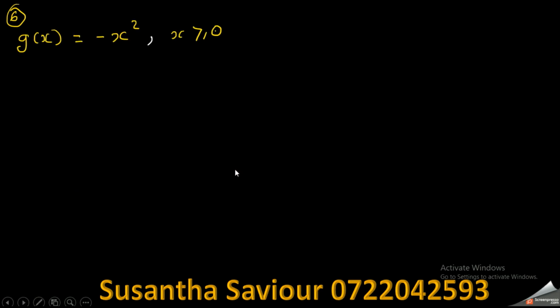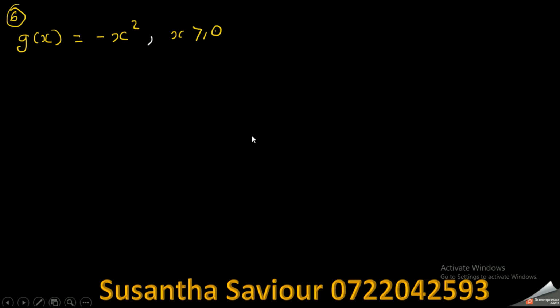Look at this. It is the same scenario, but the domain is different. Now I asked you to stop this video here and then try it all by yourself and then come back to the video. Then in that case you can see how much you have understood, right?